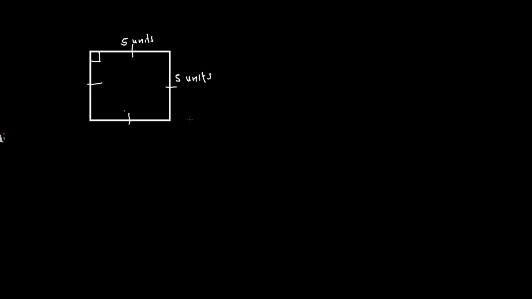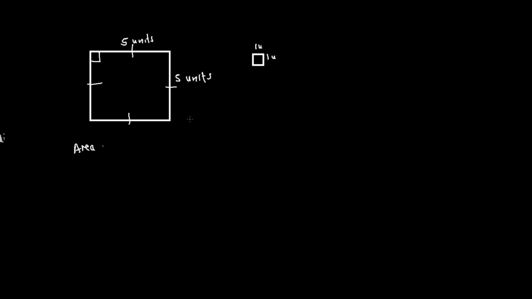Now, if we want to calculate the area of the square, we have to determine how many small squares of 1 unit by 1 unit we can fit inside this 5 by 5 square. And the answer is 25 units. Now, how do we calculate the area of a square? We can just take one side and multiply it by the other side.